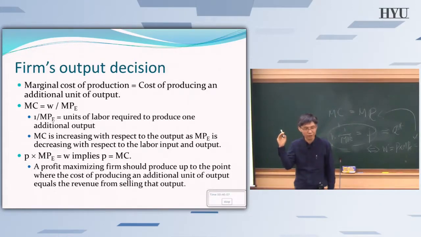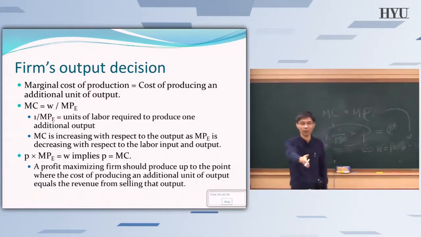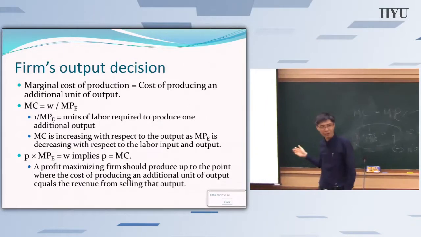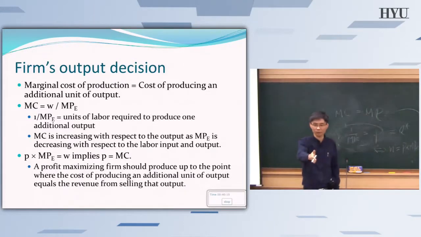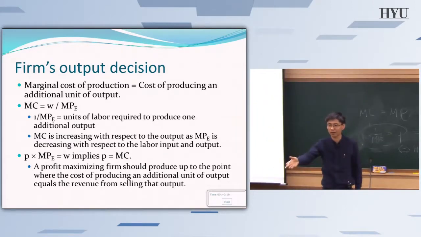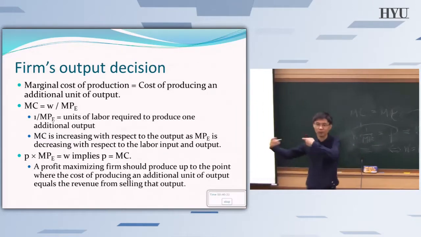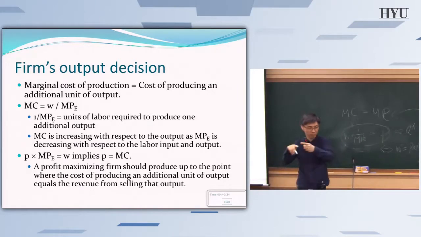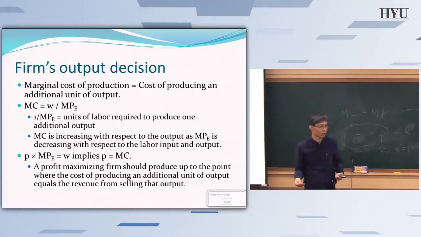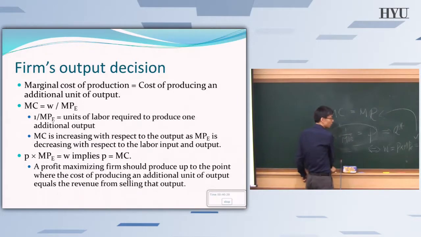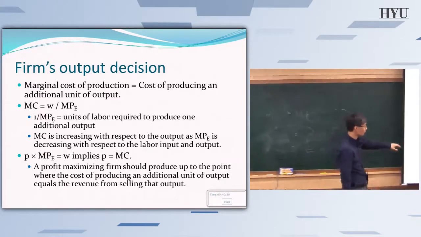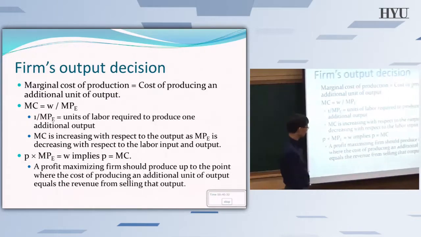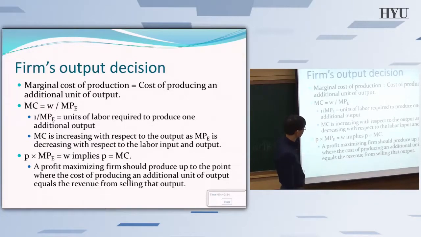So the first way is to find the optimal labor input, and it will give you the optimal output. The second way is to find the optimal output first, and then it will give you the optimal labor input. Go this way or that way, you will make the same decision, if you are making the right decisions. We just saw they are basically the same.